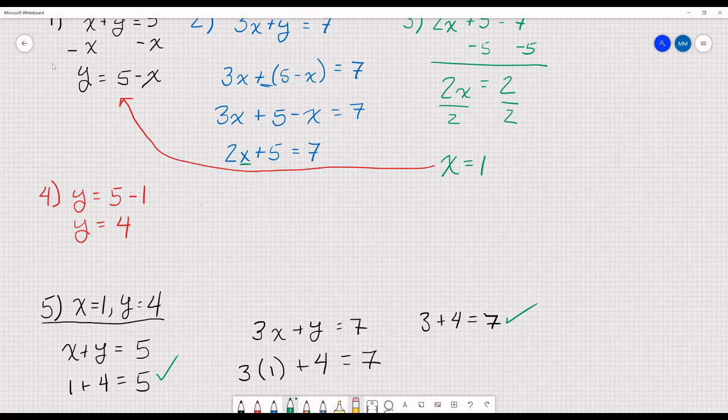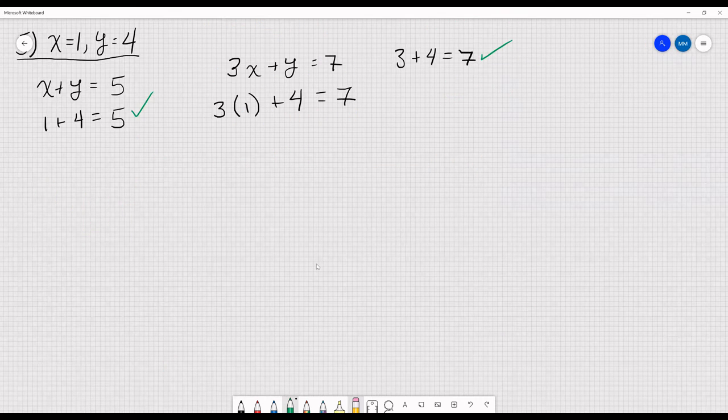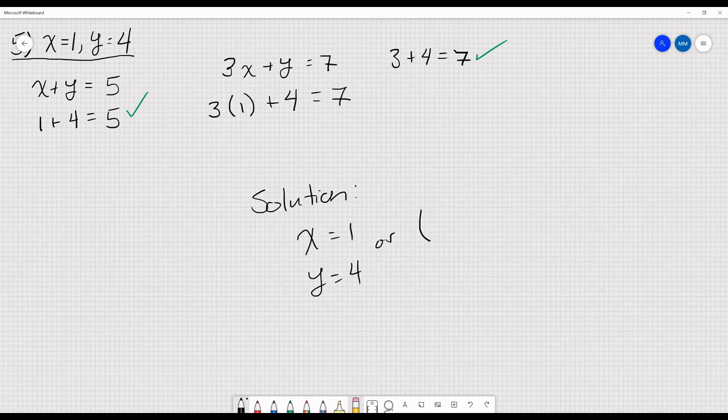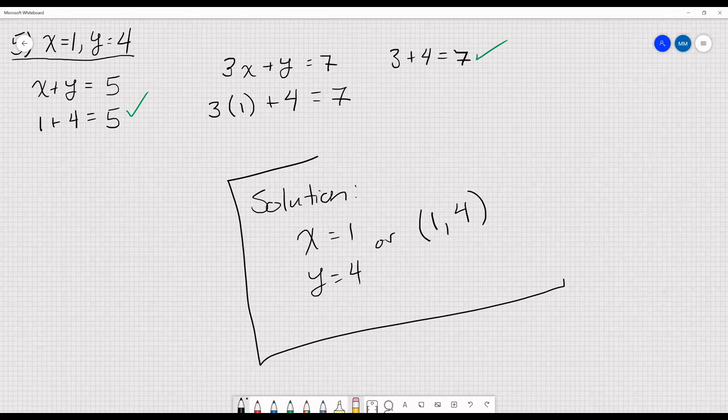So both check. And I am pleased because now I have a solution. Last thing, I'll just indicate that my solution is x equals 1, y equals 4, or equivalently, if you wanted to create an ordered pair, x comes first, y comes second, it's the ordered pair 1, 4.